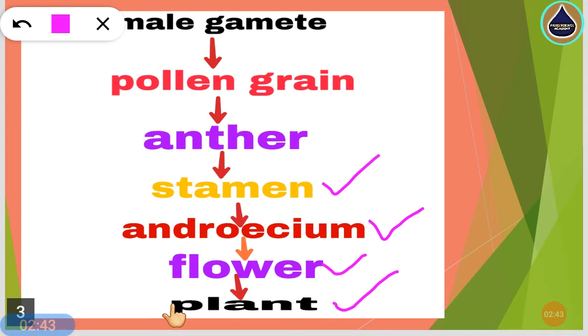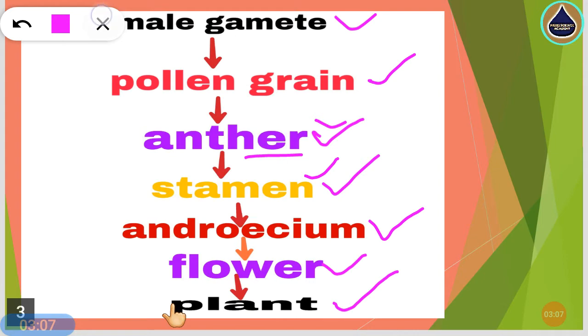The stamen possesses three parts. The uppermost part of the stamen is called the anther, then the filament, and the connective is also there. In the anther the pollen grain is found, and in the pollen grain the formation of the male gamete takes place.